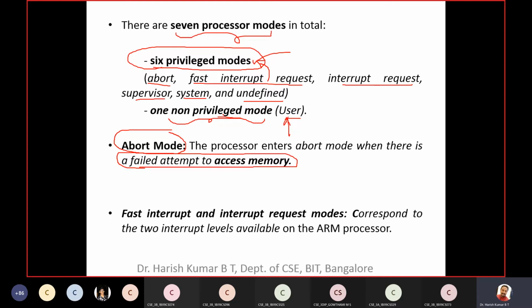Now say I've written a program and I'm trying to access memory which doesn't belong to my process area, or memory which belongs to the kernel or the operating system. Then it's a failed attempt, because the kernel will not allow me to access its own memory region. So it is an invalid memory reference, invalid memory access, or memory protection violation.